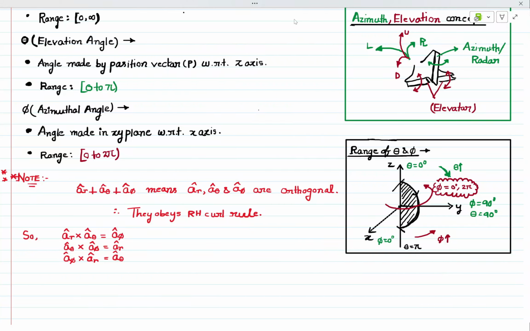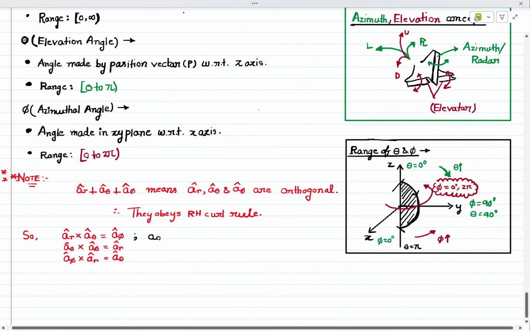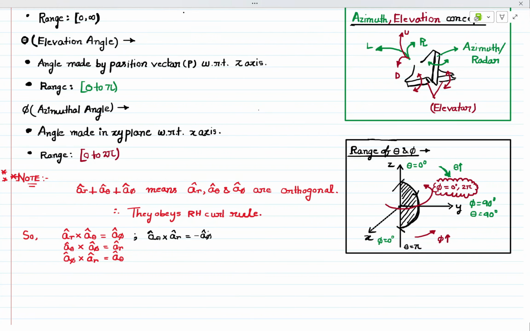Now remember that if you interchange these two things, that is A theta cross AR, that will be minus A phi.